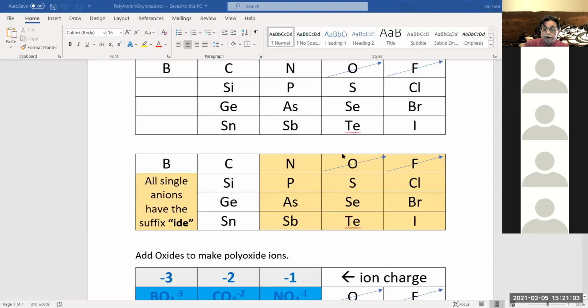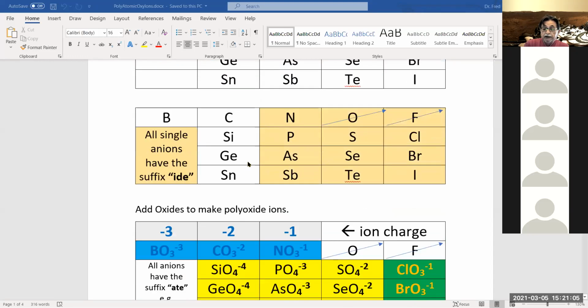So if all of these were a single element, and they gain or lose electrons, for example, nitrogen, we know when it gains 3 electrons, it becomes nitride.